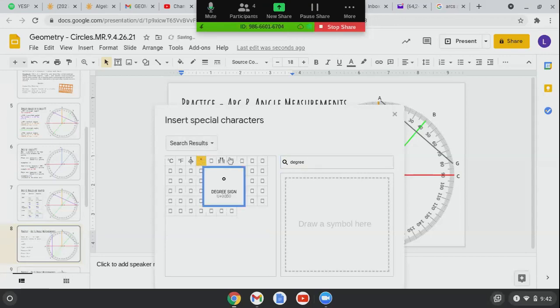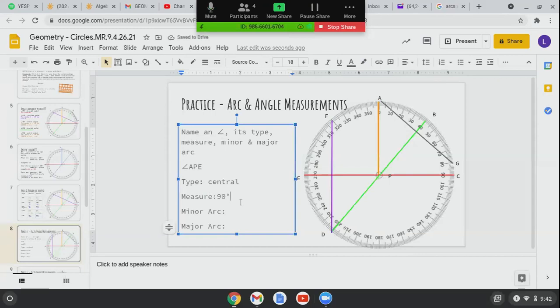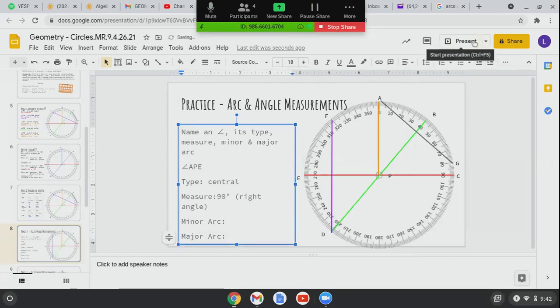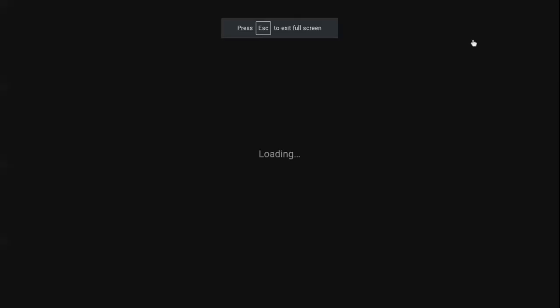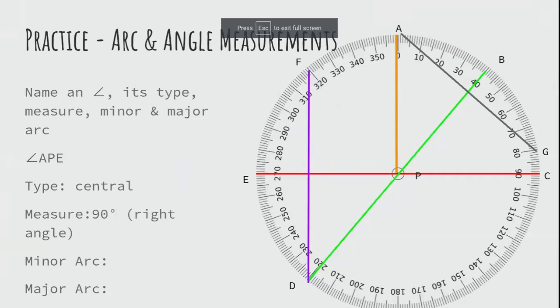Okay. So we got it's 90 degrees, because it is a right angle. So now, let's name the minor arc. And let's name the major arc.